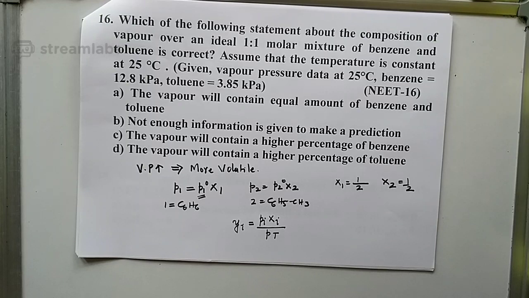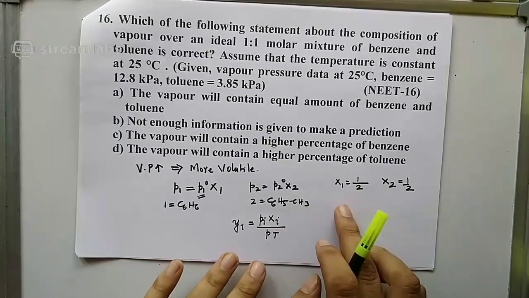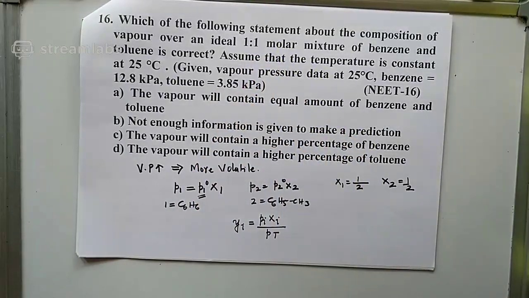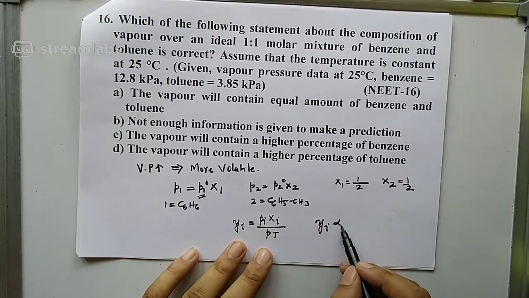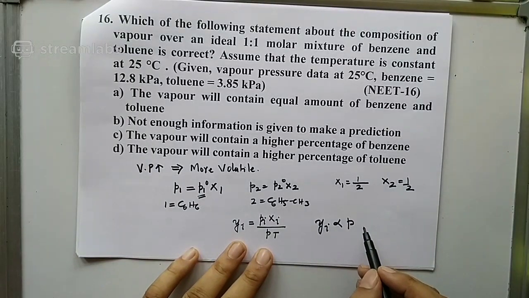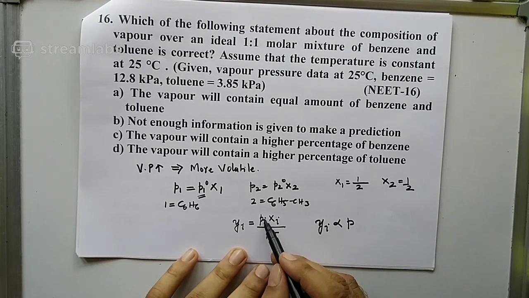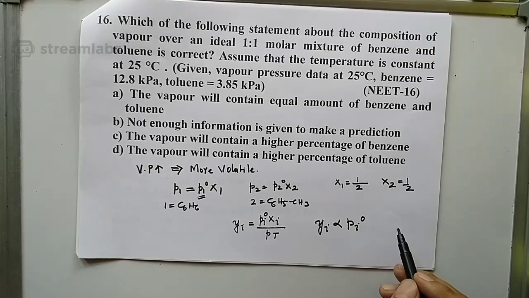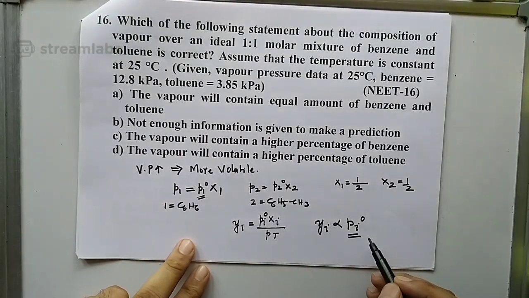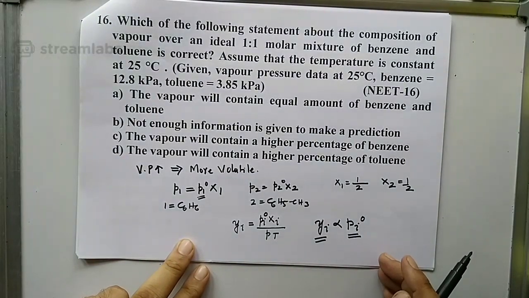So total vapor pressure would remain the same over the solution. X is also constant, half and half, since it is in the ratio of 1:1. Therefore, Yi is directly proportional to Pi naught. So higher the vapor pressure of the pure solvent, higher would be its composition in the vapor phase.